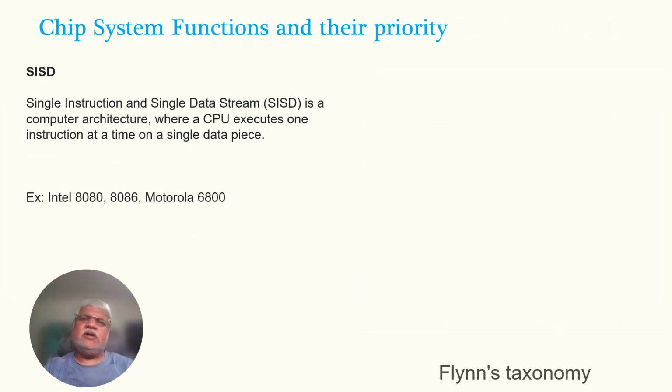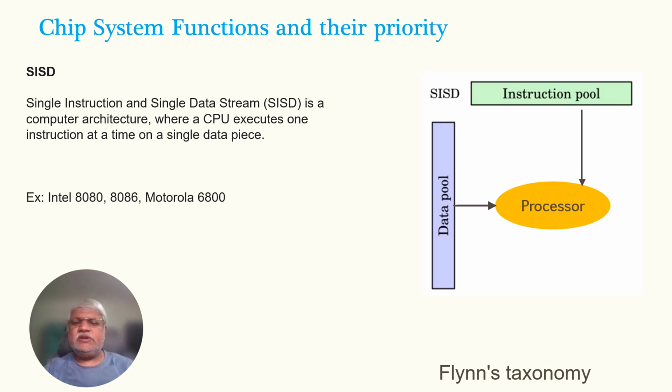As observed in the earlier 8051 system, which will take only a single instruction and single data stream, the control unit will take one instruction from the instruction pool and provide it to the processor by taking one data point, and afterwards it will go to the next instruction.